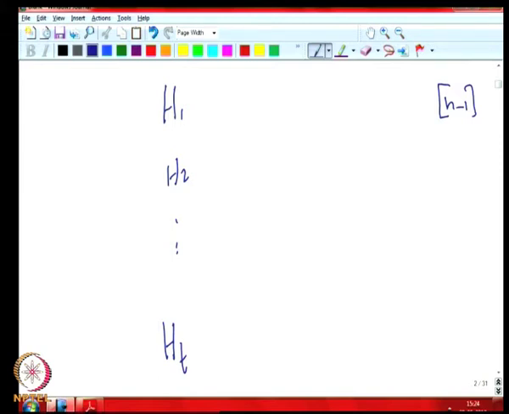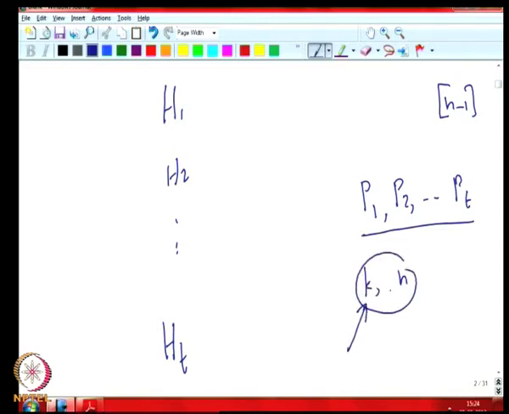When there is a common factor, that is not desirable. If there is a common factor, there should be a prime common factor also, either p1 or p2 or pt should be common to k and n.